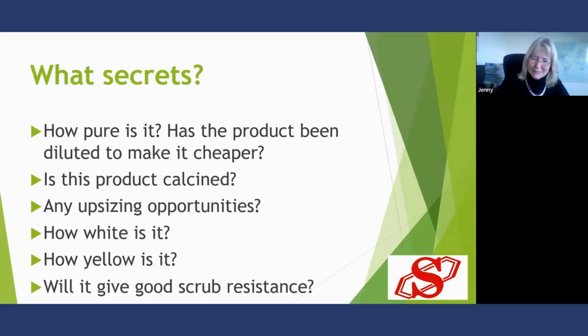Look at the particle size and know the difference between mesh and microns. How white is it? Look at the whiteness measurement, bearing in mind that there are many ways to measure whiteness, and I've told you how to compare apples with apples. How yellow is it? Look at the B value. And finally, will it give good scrub resistance? Look at the Mohs hardness.